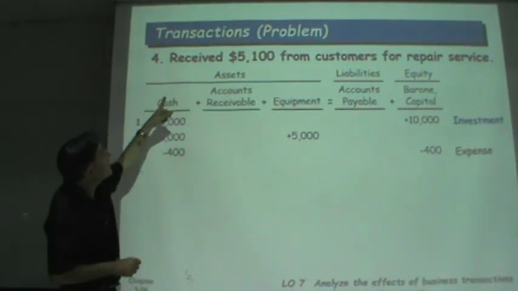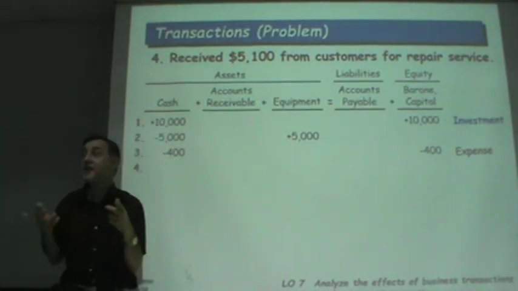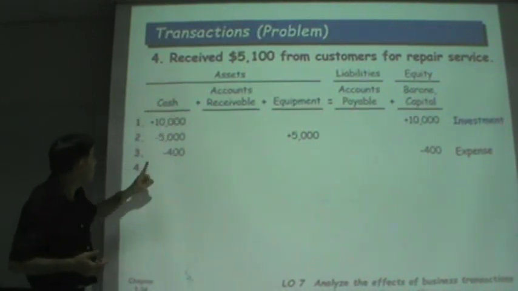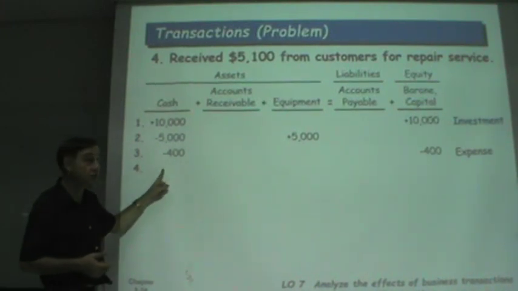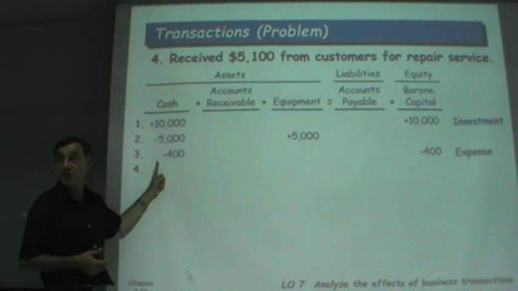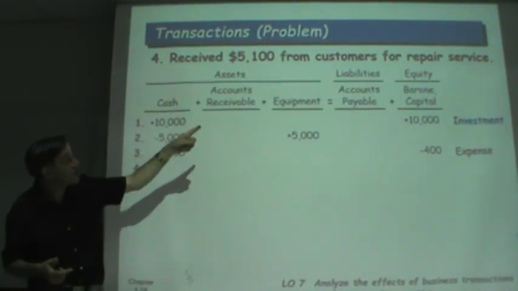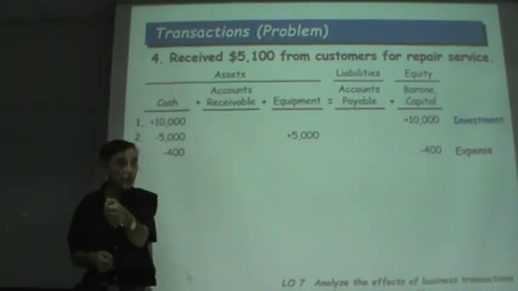And you receive, I assume it's 5,000 from customers for cash, okay? So, you receive 5,100 cash, it should be plus 5,100 cash. So, cash goes up 5,100.